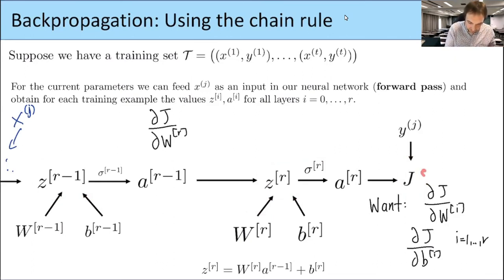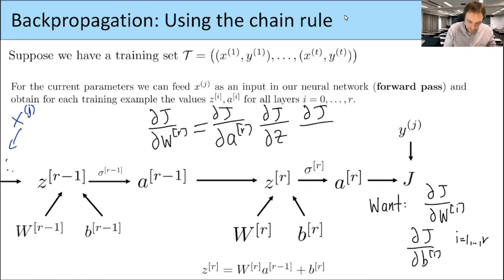And the relationship is by using the chain rule. So taking the derivative of this with respect to this here means I can take the derivative of J with respect to AR, and then I can take the derivative of AR with respect to ZR, and then the derivative of ZR with respect to WR.